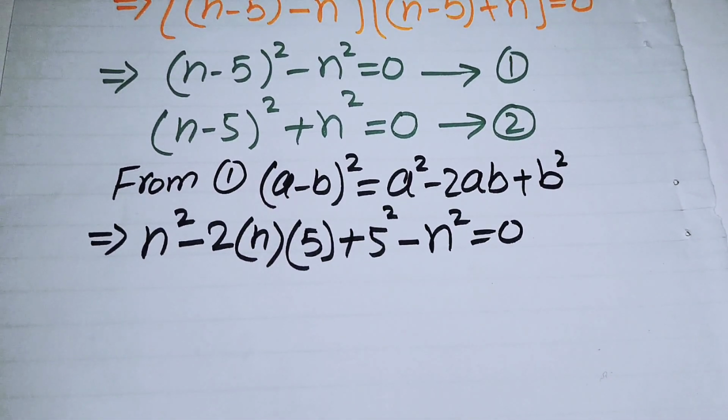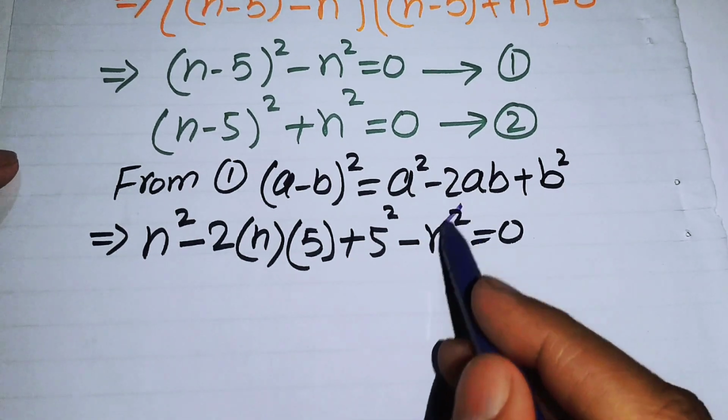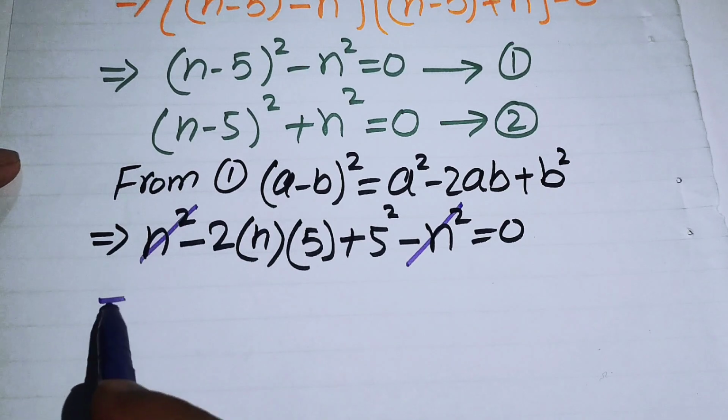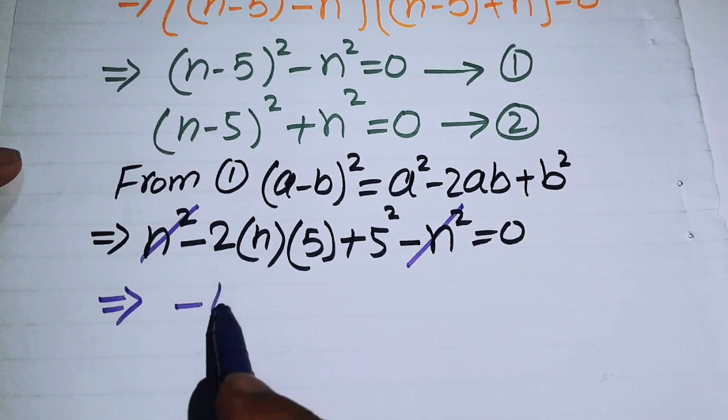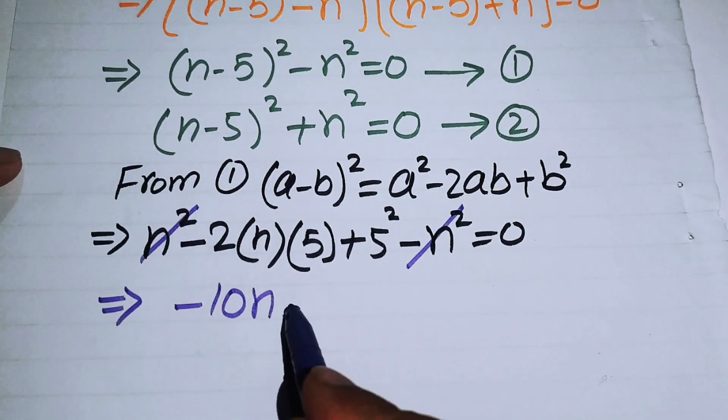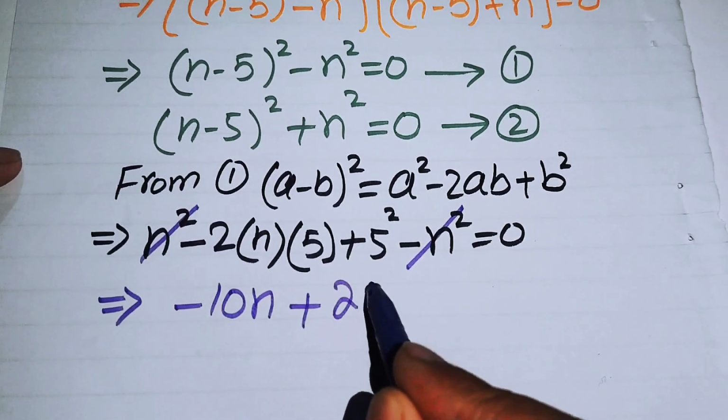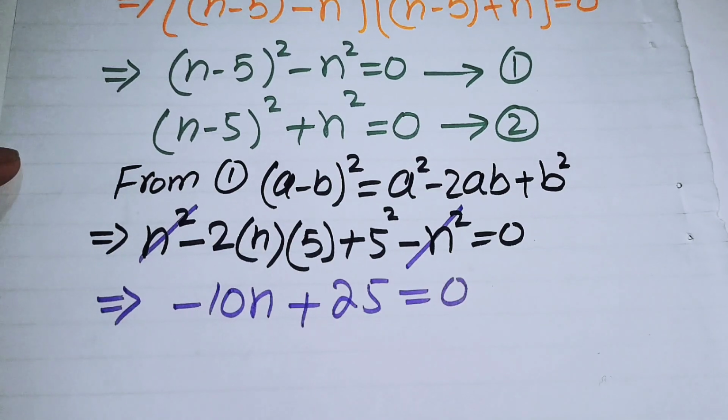So now we simplify the terms, and we see here this minus n square and plus n square cancel each other, and we get minus 2 times 5 is minus 10 times n, and plus 5 square is 25 equals 0.